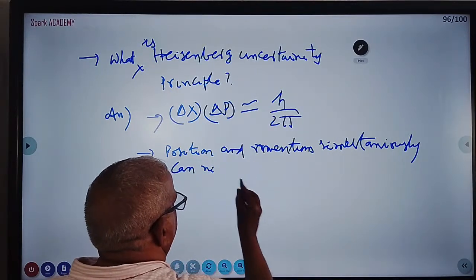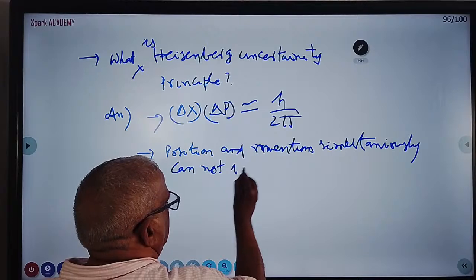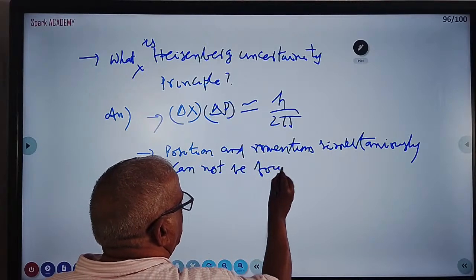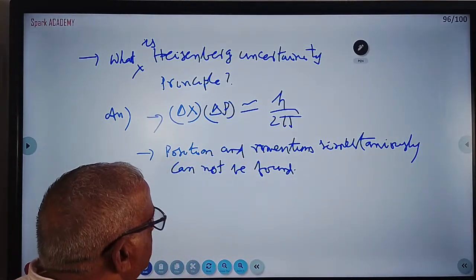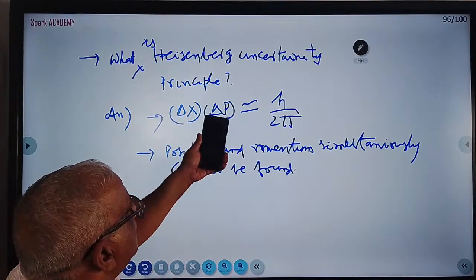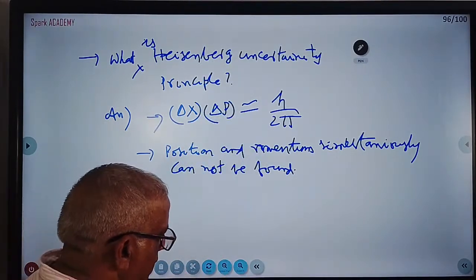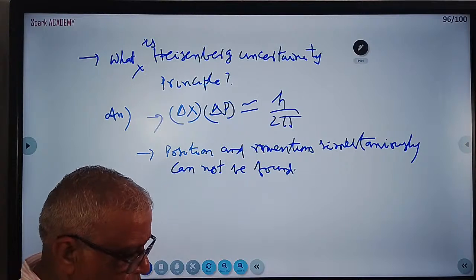Change in position into change in momentum is equal to h by 2 pi. Uncertainty is there. So, next question.